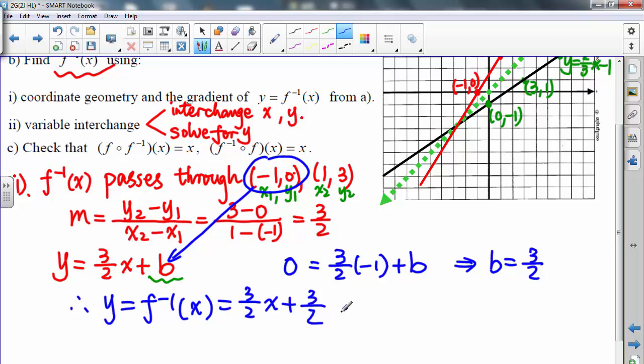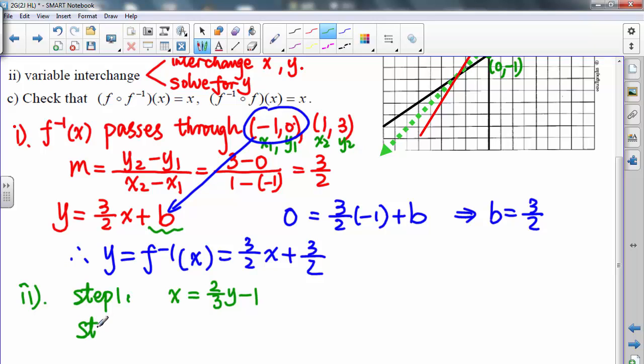Okay, right now we want to use the new method to look for the inverse and see if the inverse is the same as this one. So here, step 1, interchange x and y in the original one. So it will be x equals 2/3 y minus 1.